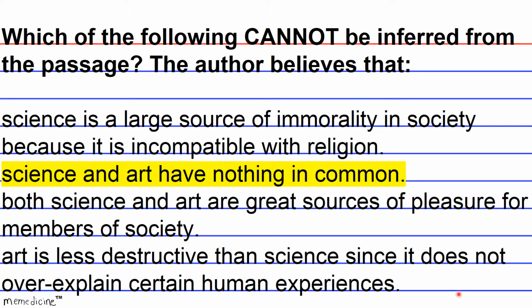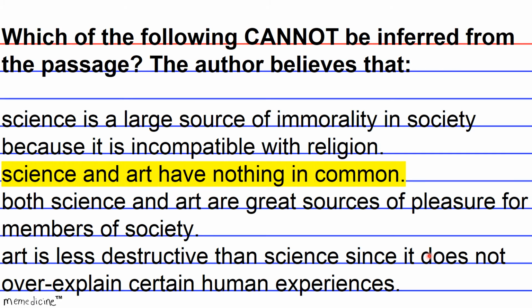In other words, the author seems to argue that science, in contrast to art, removes the mystery from life that gives people a higher sense of moral duty through over-explication. Okay? So this is also inferred or can be inferred.